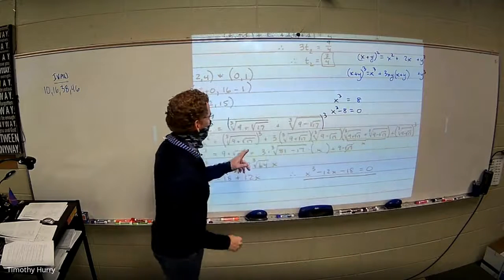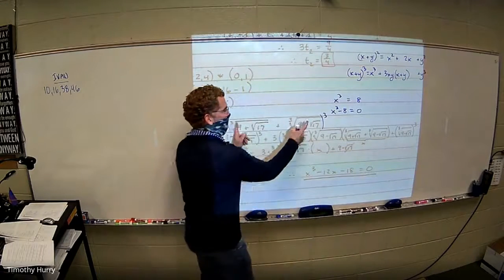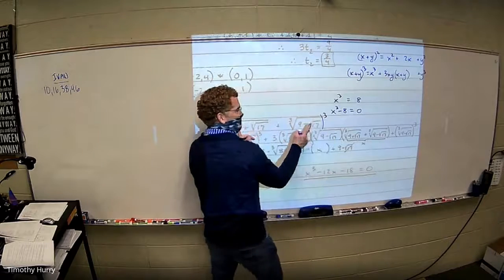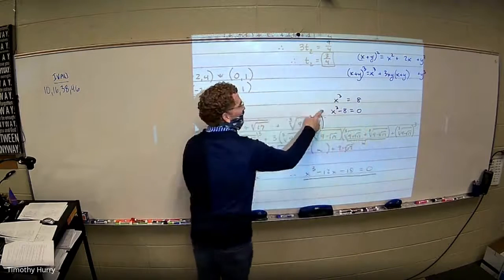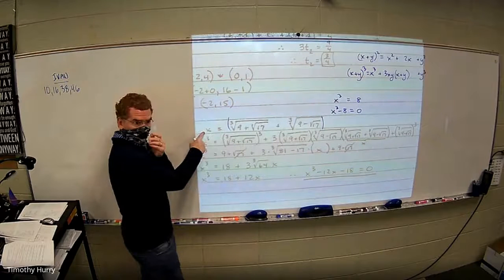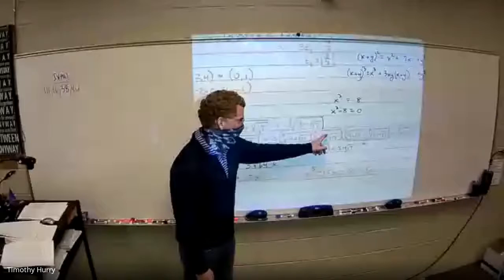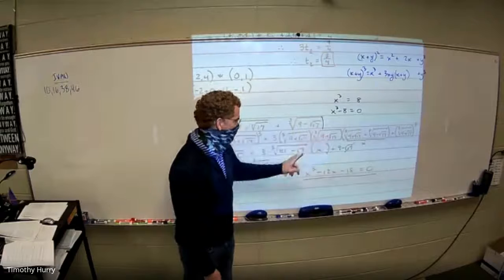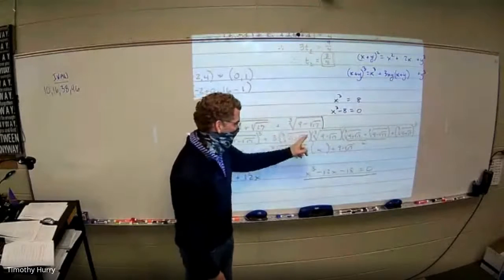Check it out. If I go 3 times the product of these 2 numbers times the sum of these 2 numbers, what is the sum equal to? Cube root times cube root, I get 1 big cube root, which is 81 minus 17.